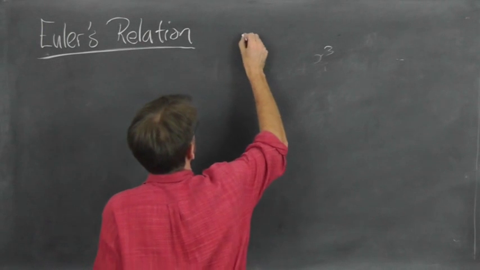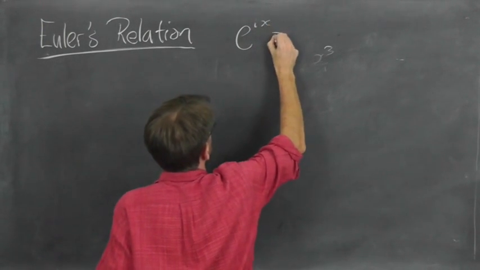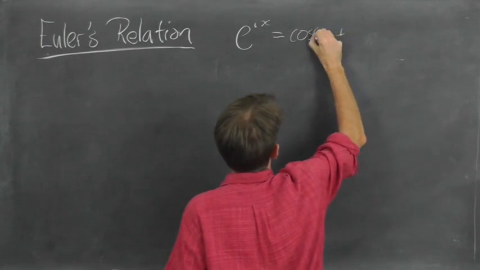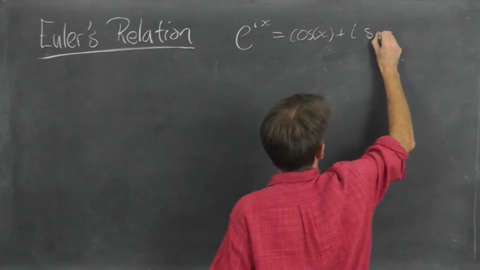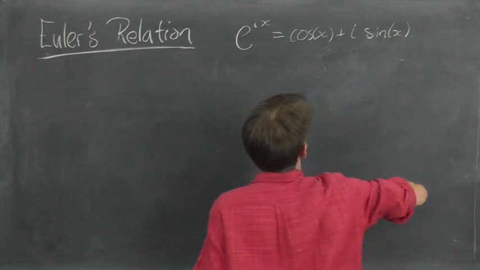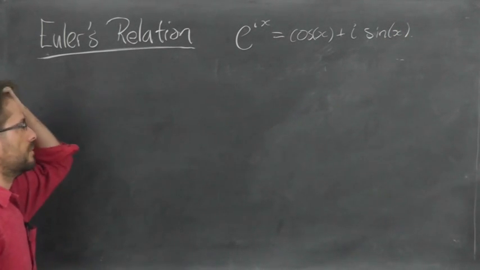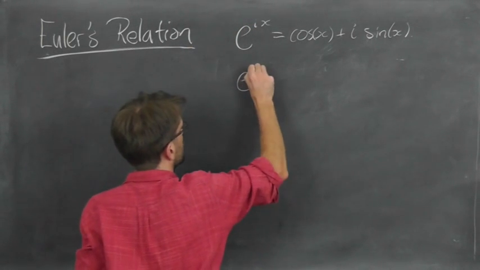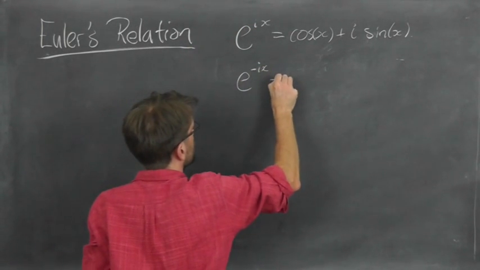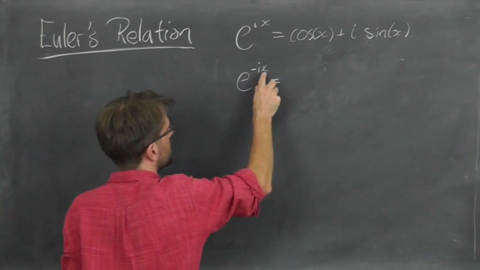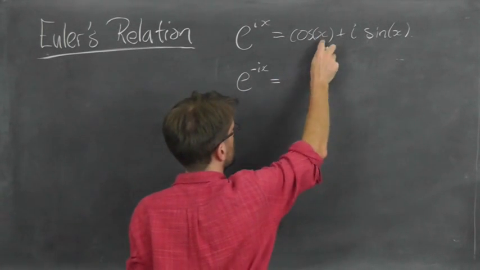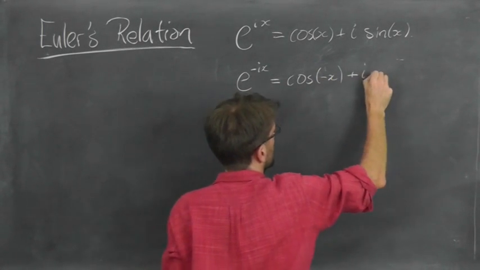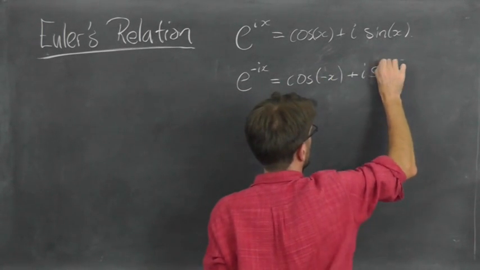So Euler's relation was e to the I x equals cos x plus I times sine x. Now if we put minus ix in here, that's like putting I times minus x, so that's just the same as putting minus x in, so that's cos of minus x plus I times sine of minus x.